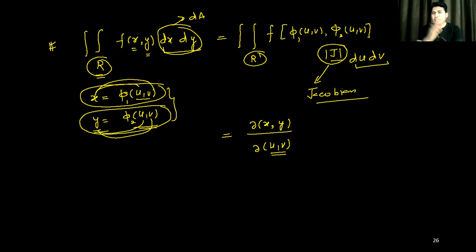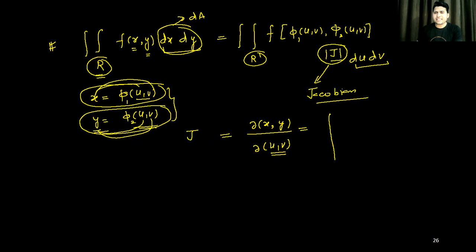Or we can say there is a local change in the existing variables xy with respect to the new variables uv, which can be given by del of xy upon del of uv, and this quantity is denoted by J, which is known as the Jacobian.